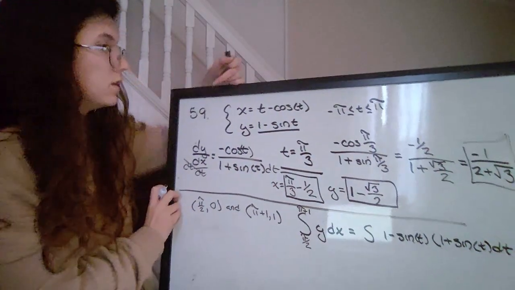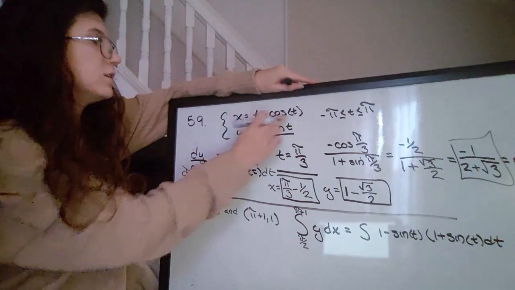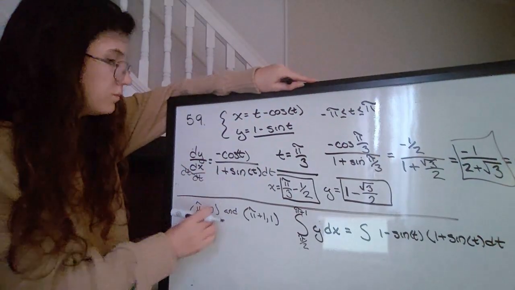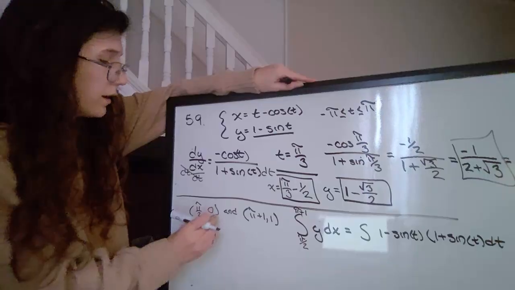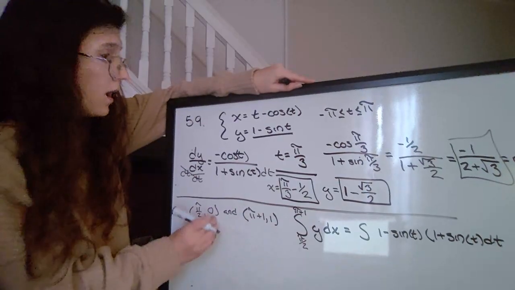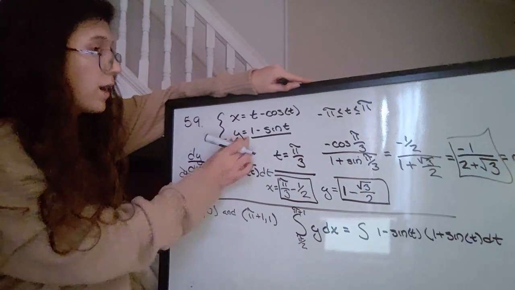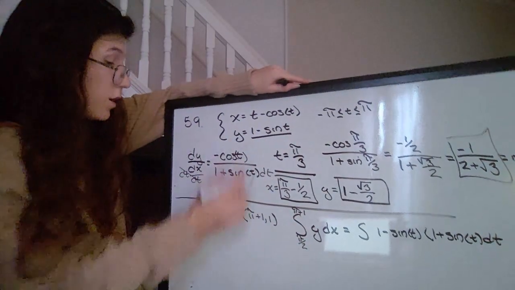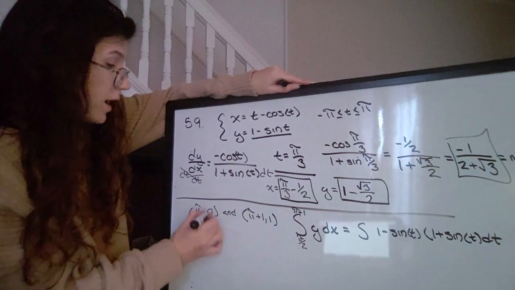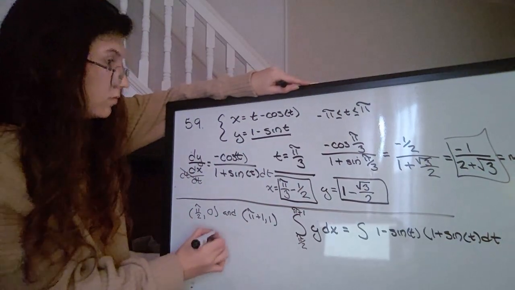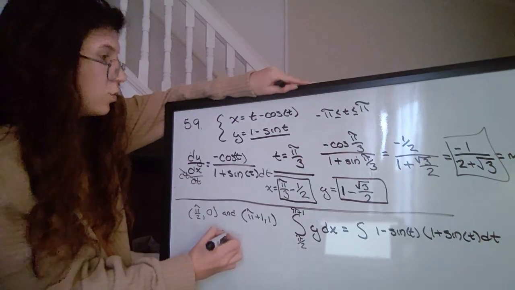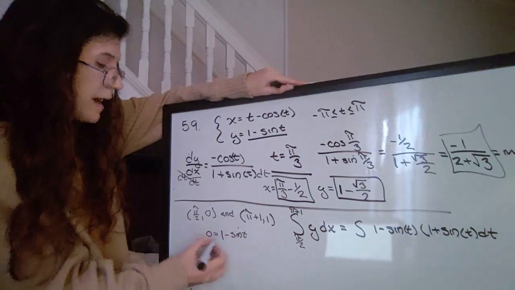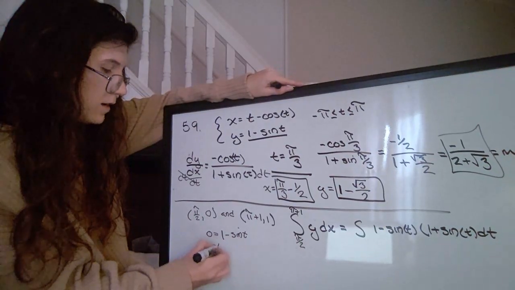It's kind of hard to solve for t when we have it outside of a trig function and inside of a trig function. So at these specific points, I'm just going to plug in the corresponding y value to see what that point in time is, because it should be the same. So I'm going to say y equals 0 equals 1 minus sine of t. Then all I need to do is add sine of t to both sides.